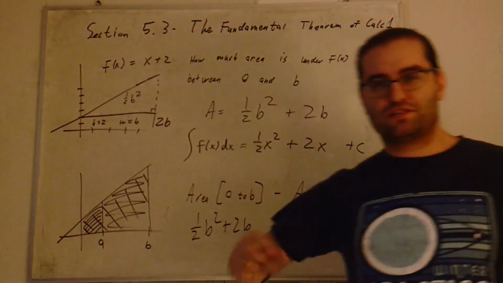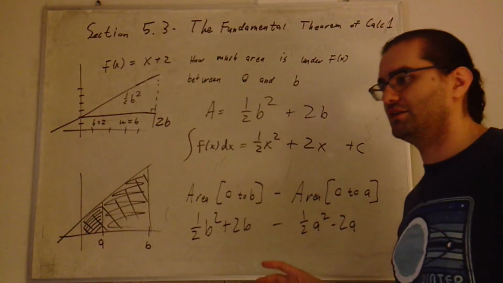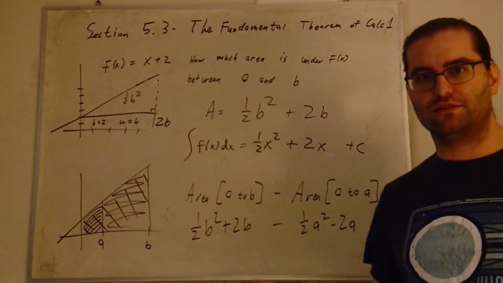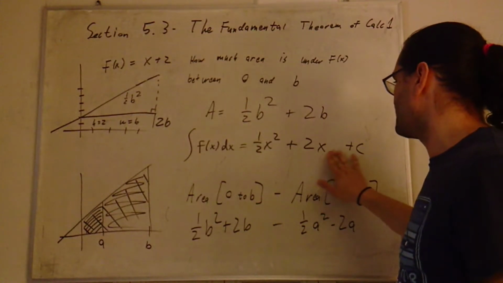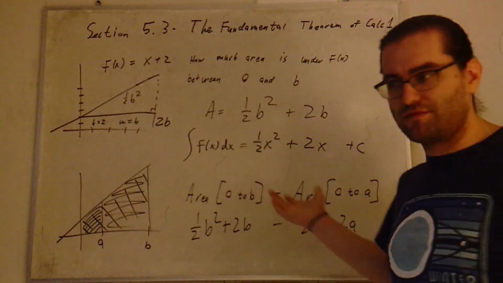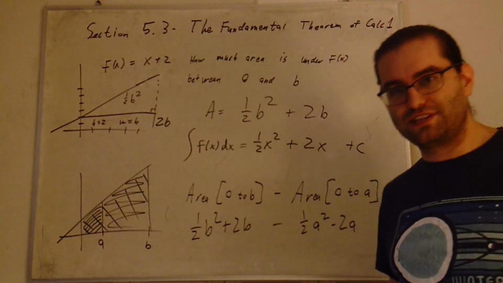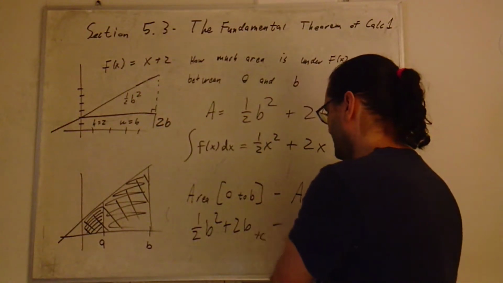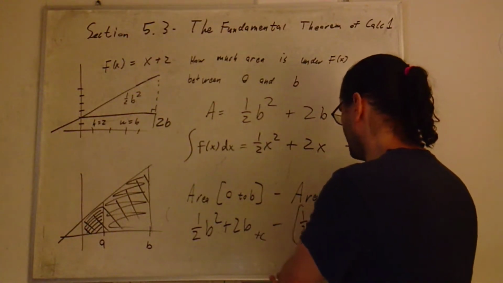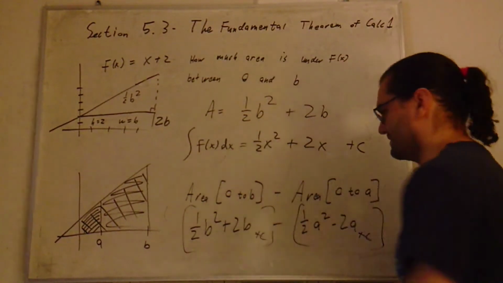The one quick little side note here is, I feel like this is important to mention because I made a big deal out of this in the last video, in the 4.9 video. I said every time we do an antiderivative we need to add a plus c. And that's mostly true. Except when we're doing these definite integrals. If you add a plus c here and you add a plus c here and then you subtract this from this, the c's just instantly cancel.